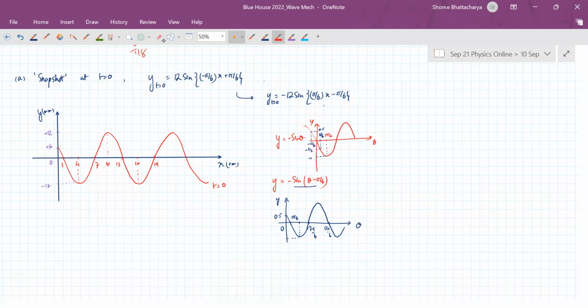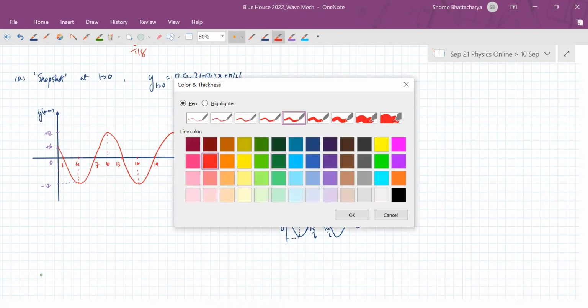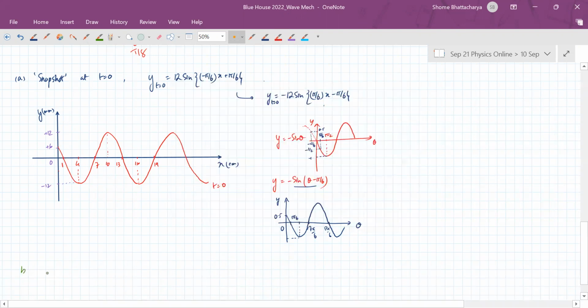Now, if we compare this snapshot picture to the next one, I'm going to draw at t equal to 1/8 of the time period, which was 5 milliseconds.